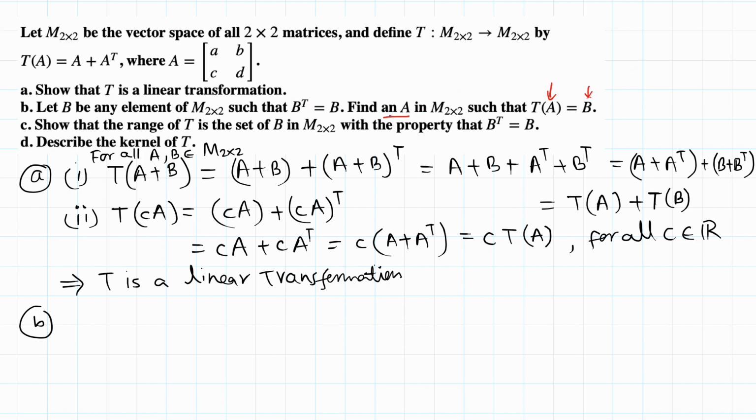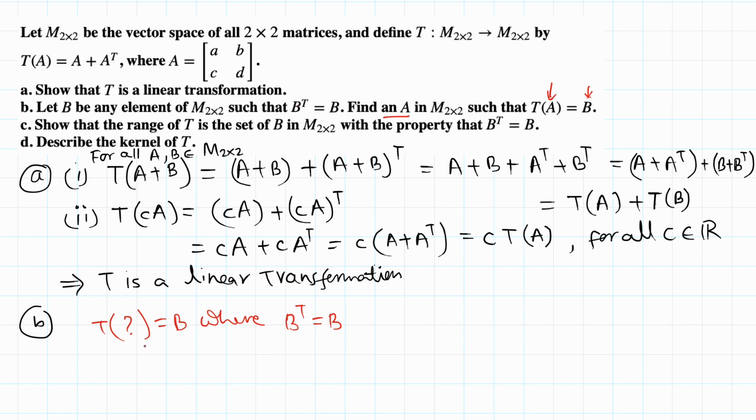So we need to find one A. So pretty much T of what equals B, and this B has the property B transpose equals B. That's given.